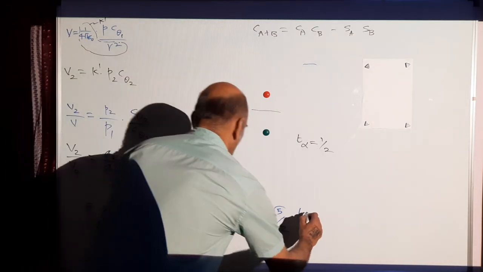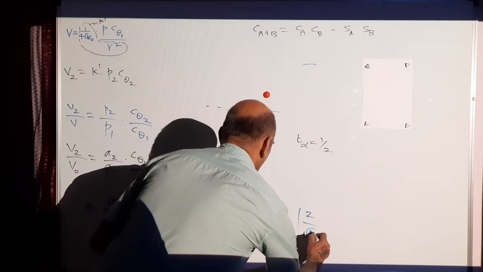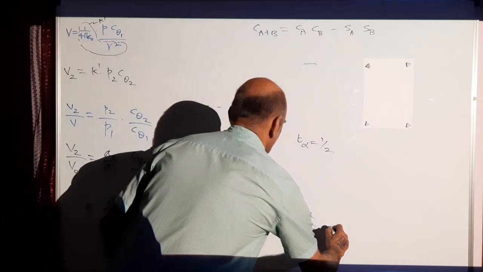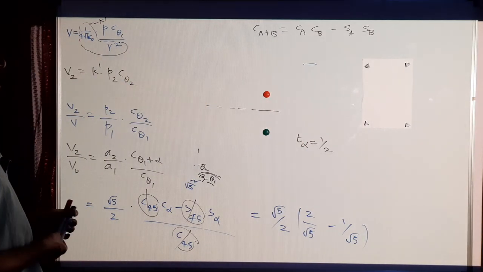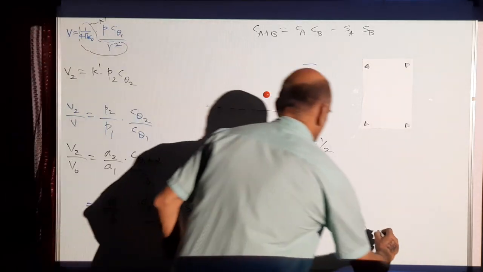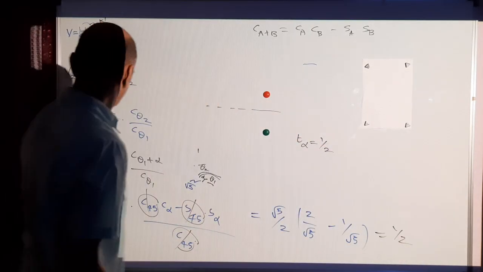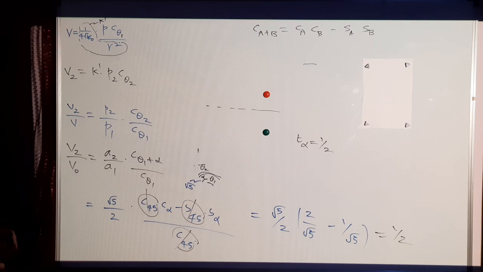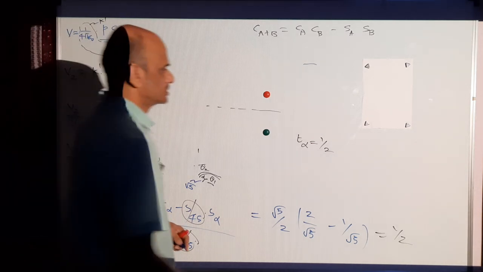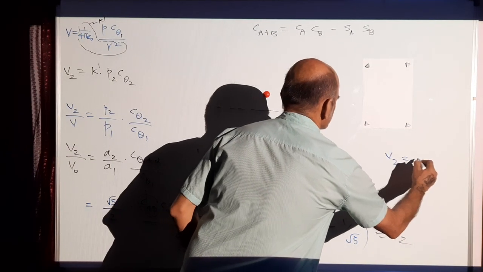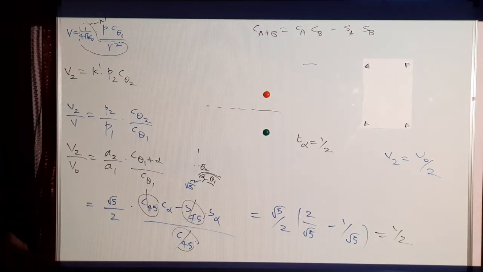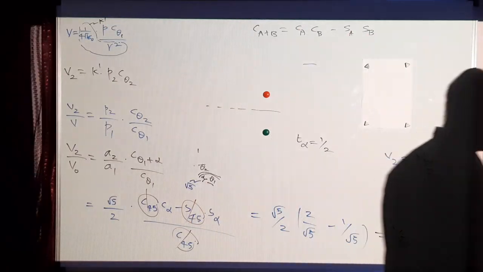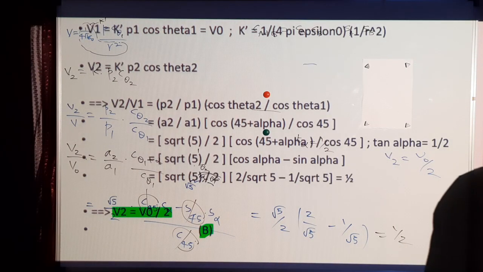So cos alpha is 2 by root 5 and then sin alpha is 1 by root 5. So root 5 will get cancelled. So it is half. So the potential is reduced to V0 by 2. So this will give me the potential in the second case as the first case potential by 2, because V2 by V0 is half. So V2 equal to V0 by 2. B is the correct answer.